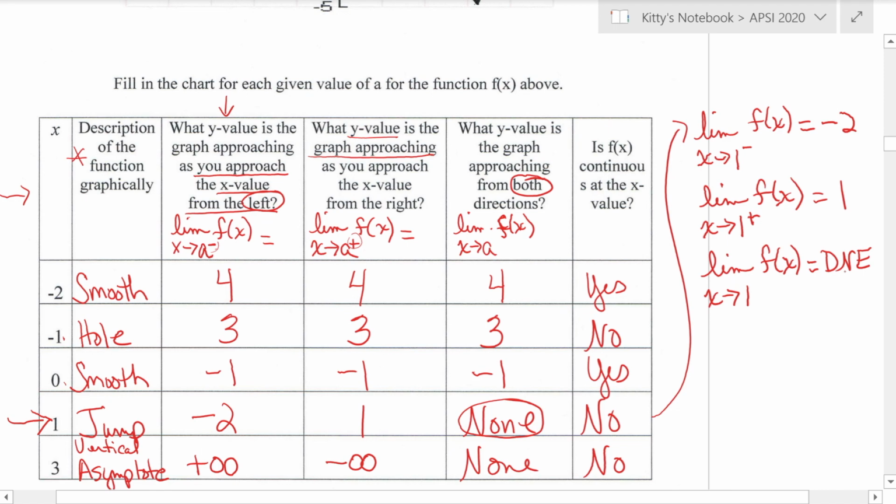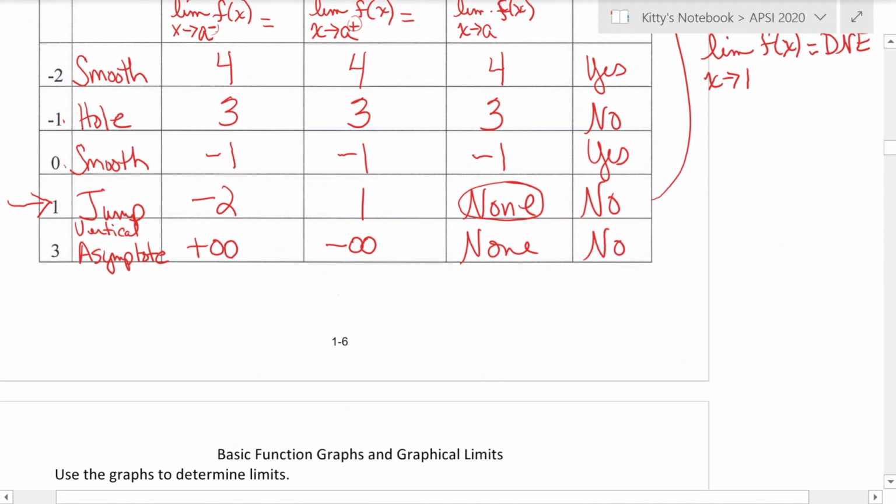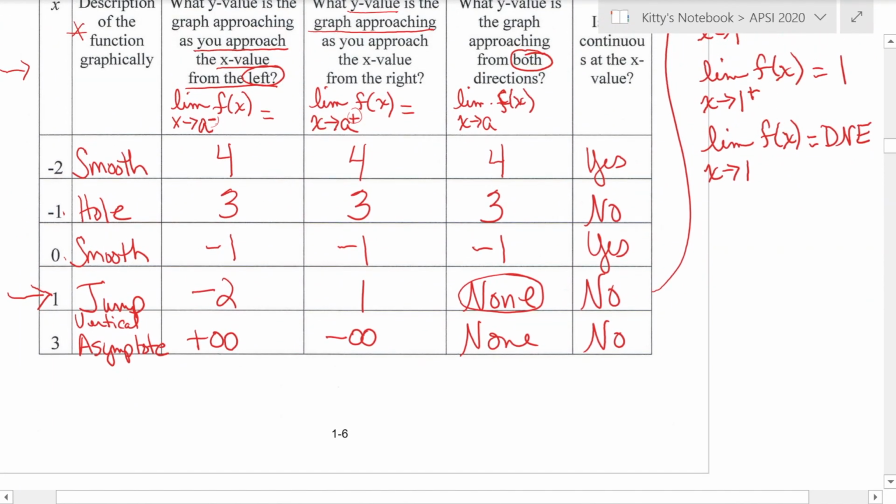Okay? All right, this isn't terrible. One of the things I need you to remember is, let me write this limit. The limit as x approaches 3 from the left equals positive infinity. That is how you write that.